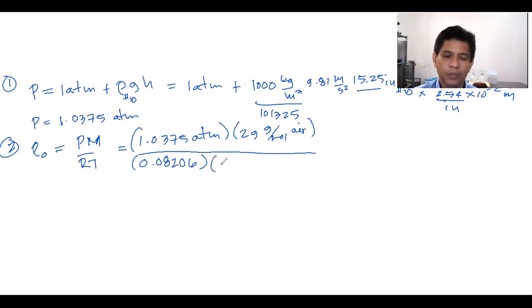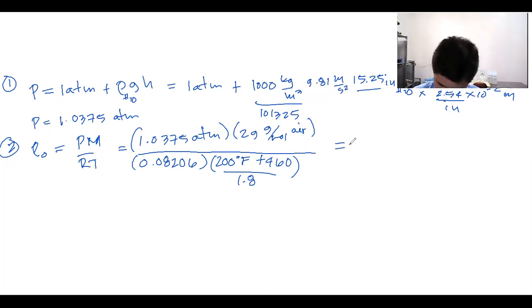And then ang temperature natin, it is stated na 200 degrees Fahrenheit. So yung 200 degrees Fahrenheit, mag-a-add ako ng 460 para ma-convert siya sa Rankine. Tapos i-divide ko siya ng 1.8 para maging Kelvin. Kasi Kelvin yung unit dito. So you're supposed to get density. Pinutin nyo lang sa calculator, grams per liter pa yung lalabas dito.